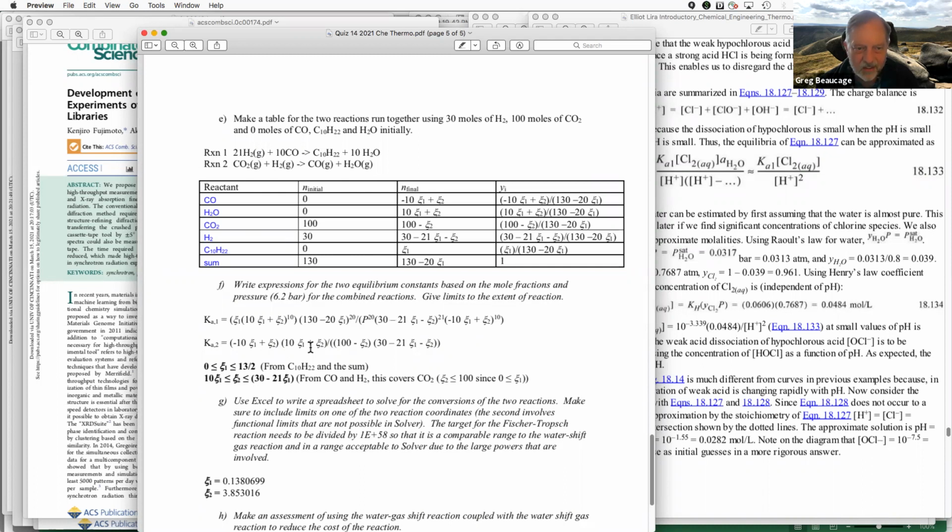If it's larger than that, because it's negative here, you get a negative H2. So the second one depends on the first one. They aren't independent. So you have to have equations for these. It isn't just a value.